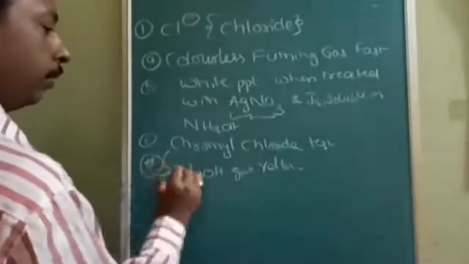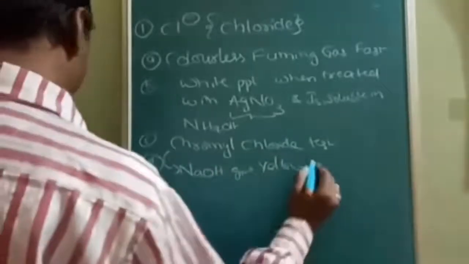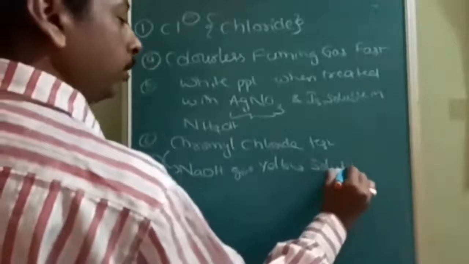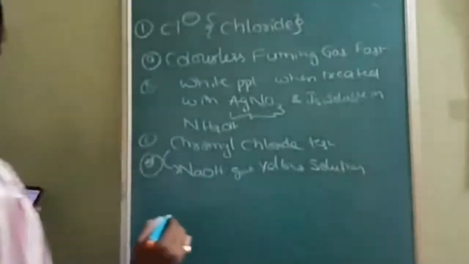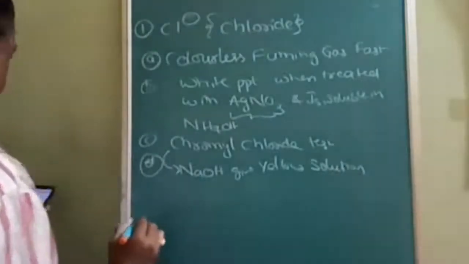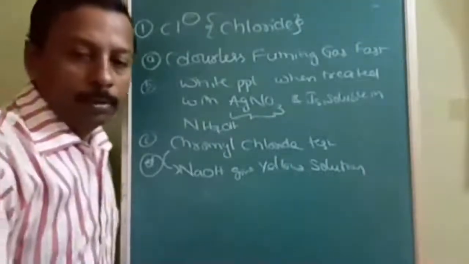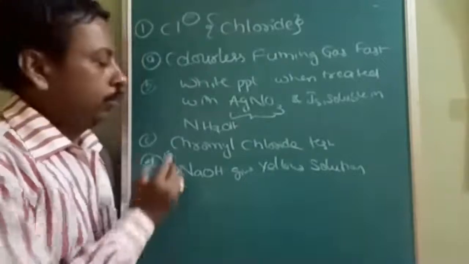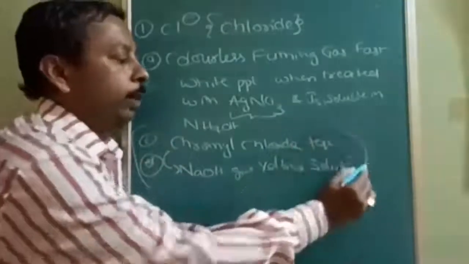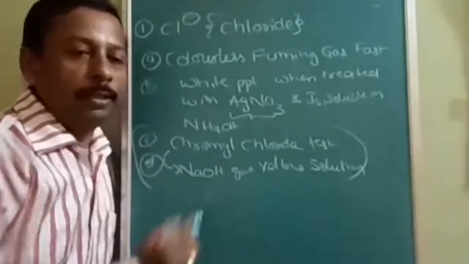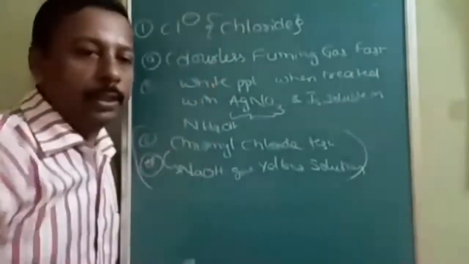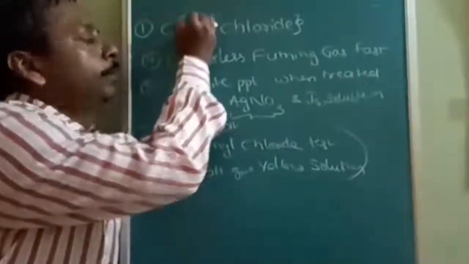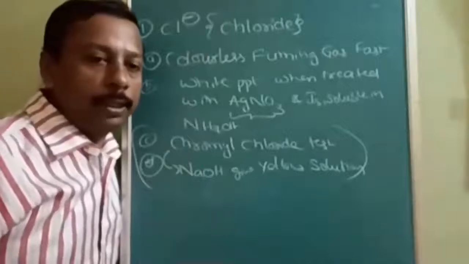After the chromyl chloride test, a yellow solution. I will tell you the formula. So mainly here it is the chromyl chloride test only. The chromyl chloride test is used for detection of the presence of Cl minus.